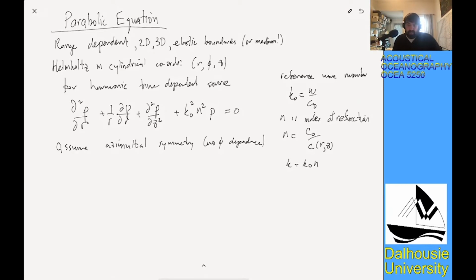And we're going to rewrite the Helmholtz equation as an operator. So let's define capital P as d by dr, and capital Q as n squared plus 1 over k naught squared d squared by dz squared. Okay.